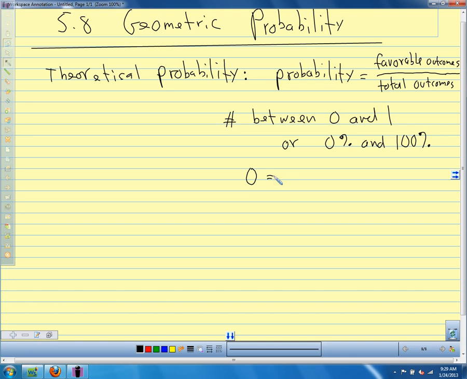What's a probability of 0 mean? No chance. It's impossible. Right. 0 equals impossible, or no chance. And a probability of 1, or 100%, what did that mean about whatever we were talking about?